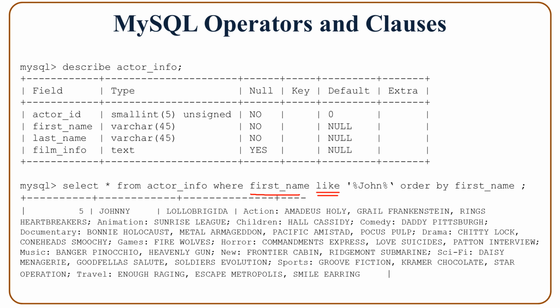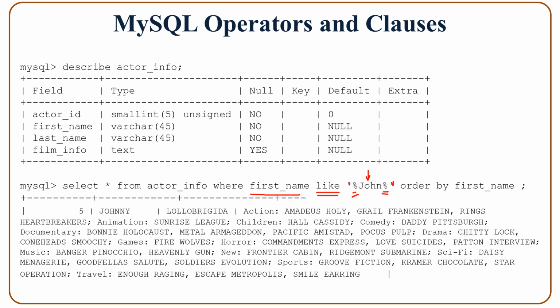So this means that you want to search for the string John in first name, and then also order the result by first name, and then it gives you something in the response.